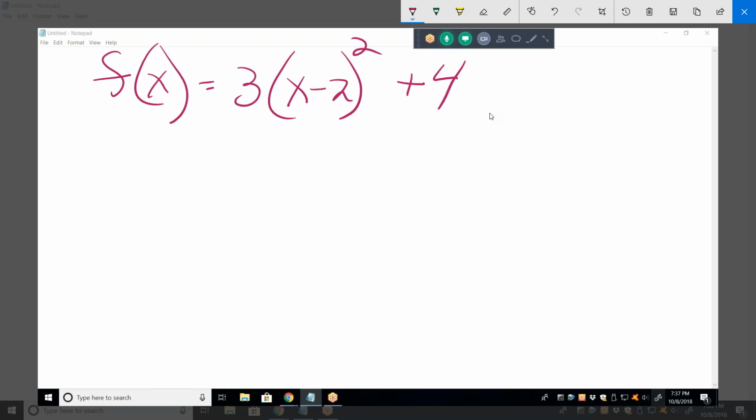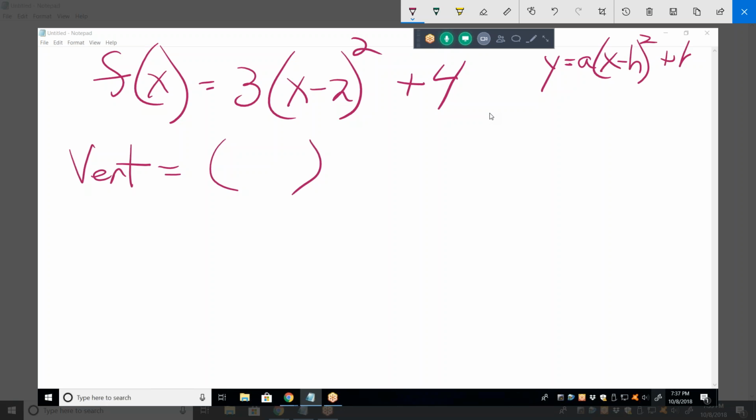Tell me the vertex, so both the x and the y. What you need to know is this vertex format right here that I'm writing in the upper right.